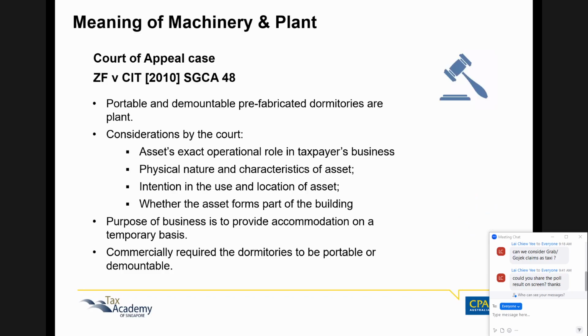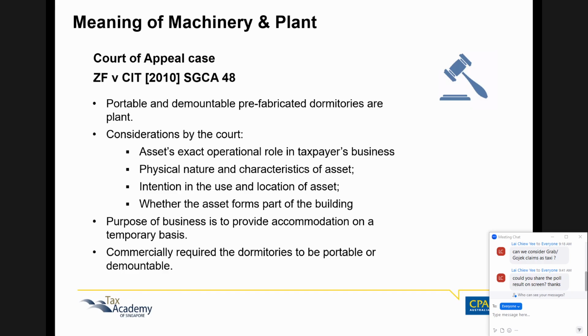Okay, this is a court case that went up, which is also quite interesting. In this case, the company is in the business of providing accommodation, which are those prefab dormitories.